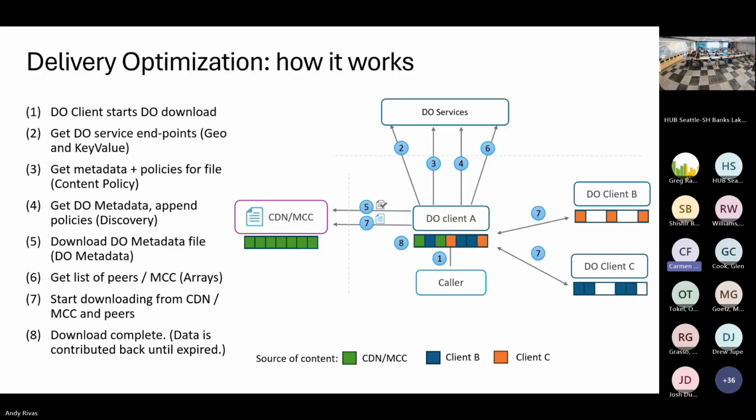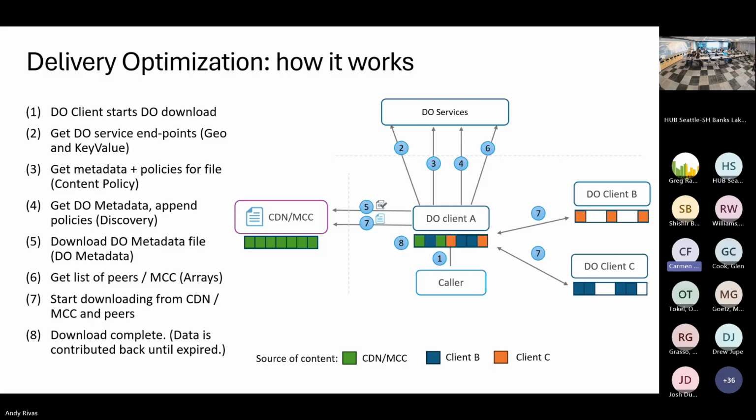This image gives you an idea of what happens when a download is initiated by the caller on the device. Remember the DO client is sitting on the Windows device.